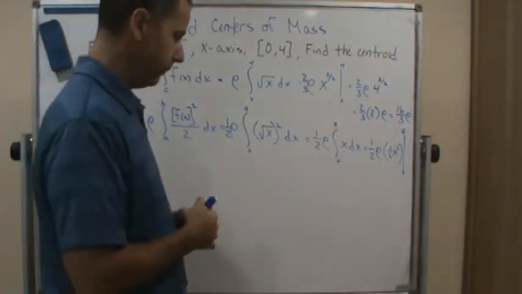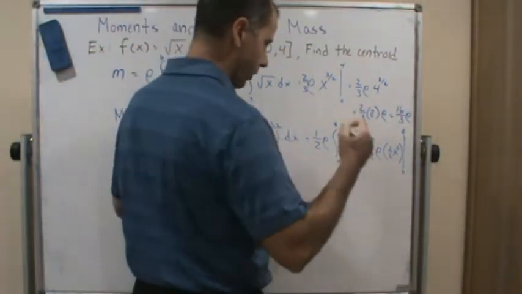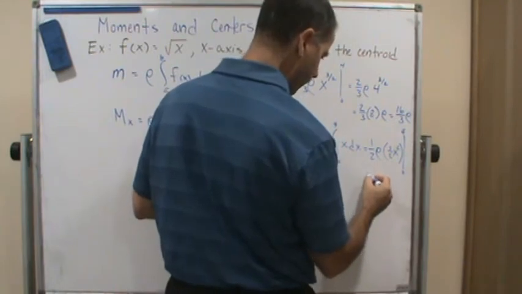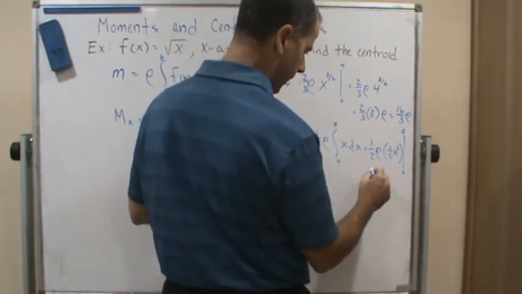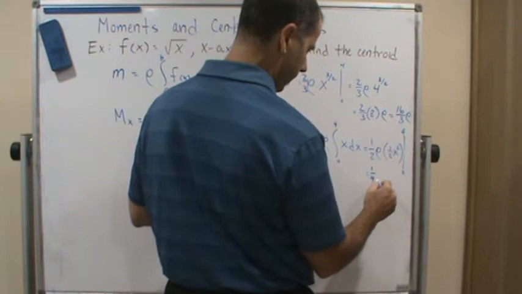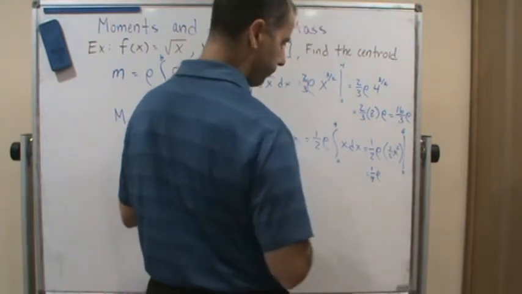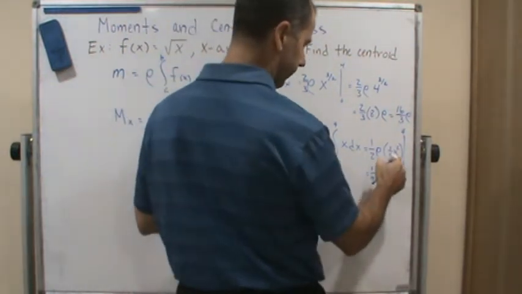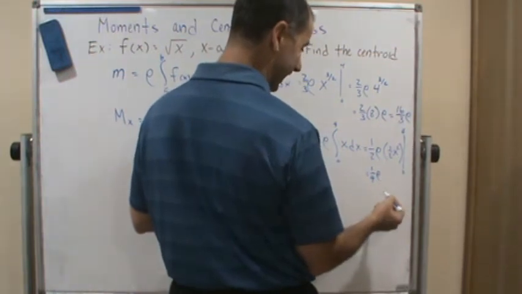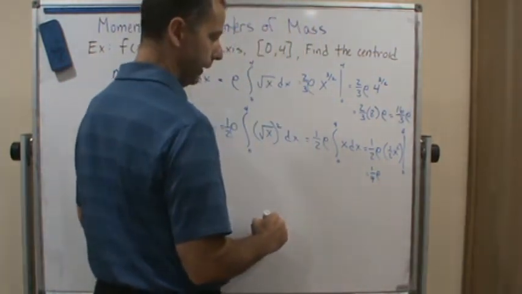Now let's evaluate this. The 1/2 times 1/2 becomes 1/4 rho, and 4 squared becomes 16.